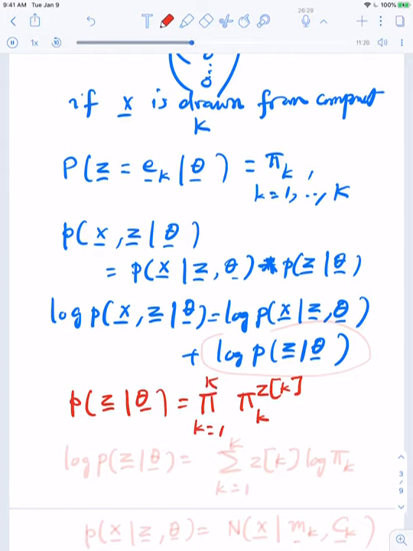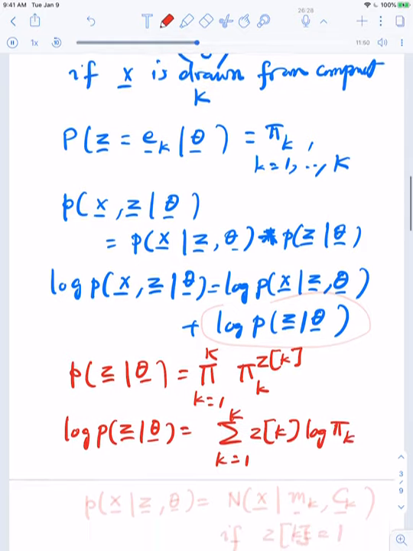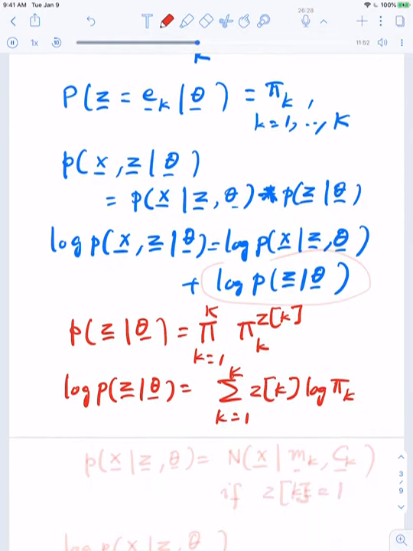Because suppose z_1 is 1, then the answer will be pi_1 to the power of 1 times pi_2 to the power of 0 times pi_3 to the power of 0, etc. So the answer will be pi_1. This gives you exactly the right answer, and so the log of this is also particularly simple: the summation over k equals 1 to K of z_k log pi_k. So that's the second term here.